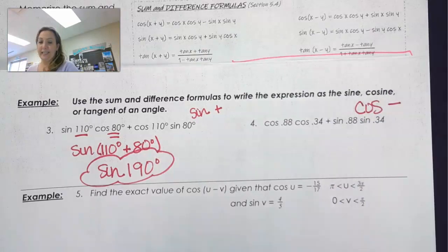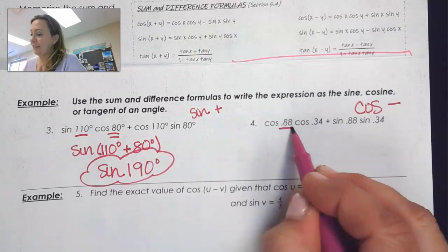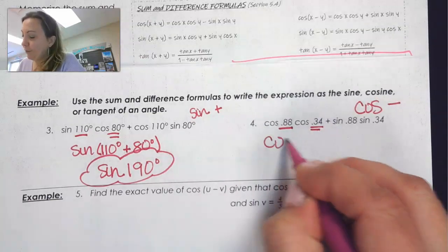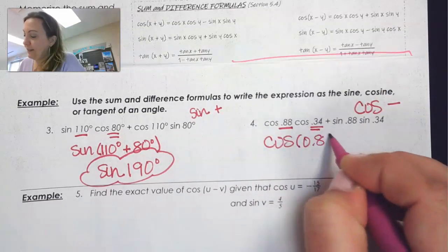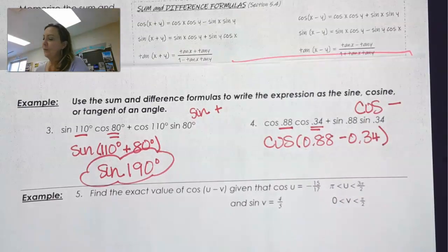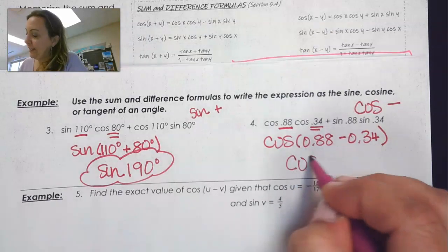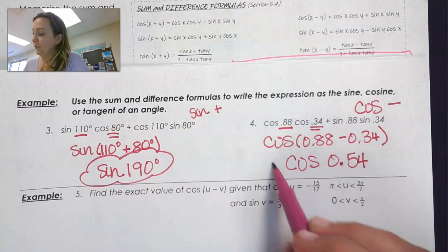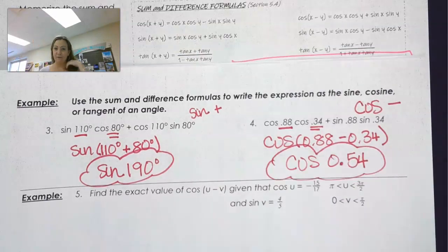So we're going to need to identify our x as 0.88 and our y as 0.34, but put it in the formula as subtraction. So I can take 0.88 minus 0.34, and I get that I'm taking the cosine of 0.54.